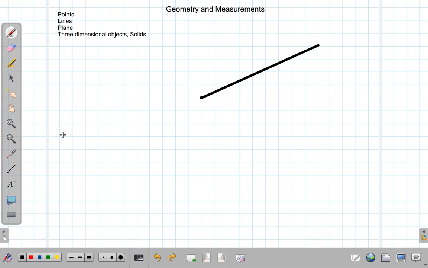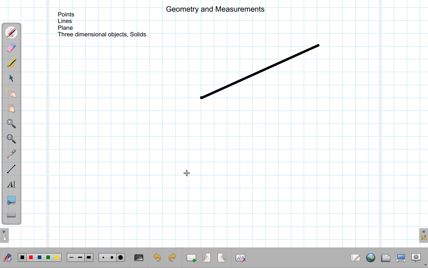But you can consider a plane as a surface. It's an object that has 2 dimensions. You can consider length and width, but has no thickness, no height, theoretically, right?